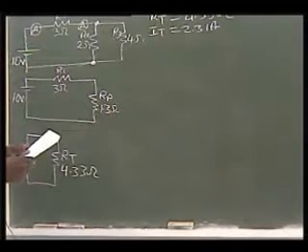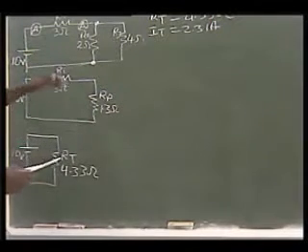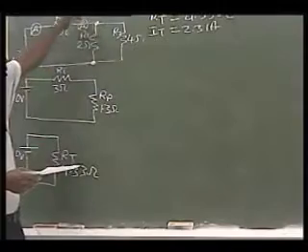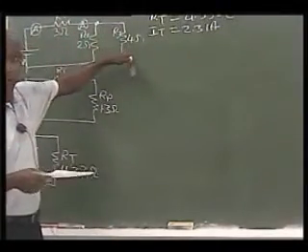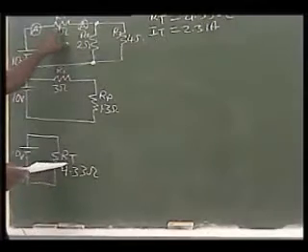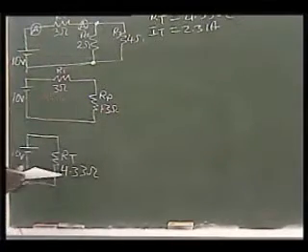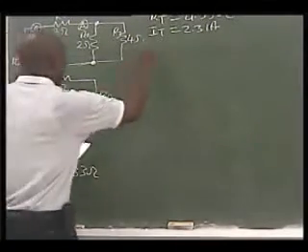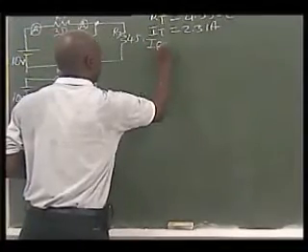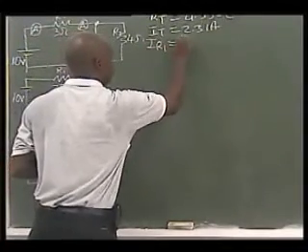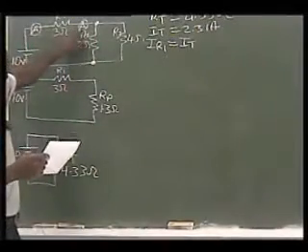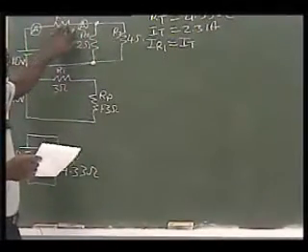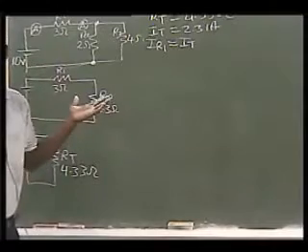Let's go ahead now and find how much current is going through R2, how much current is going through R3, and also how much current is going through R1. Now IR1 is going to be equal to IT, because remember up till this point, this resistor is in series, and we know that current is the same.